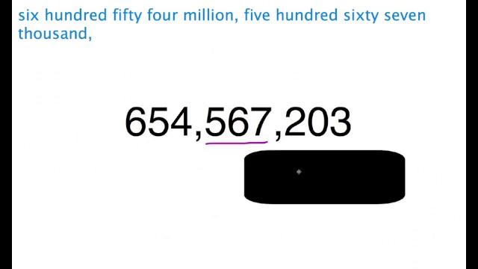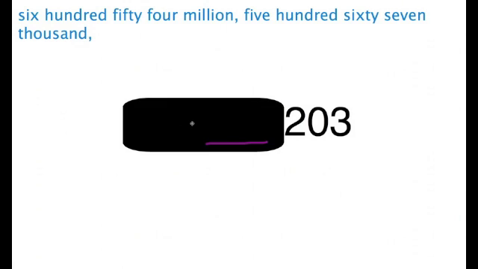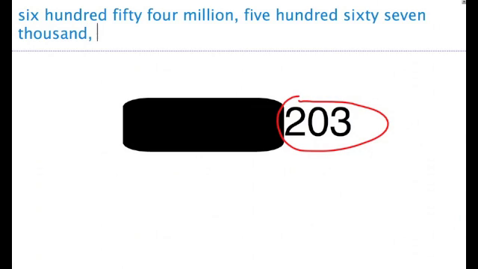And if I want to, I can just cover up everything I've already done. Maybe clean up my work a little bit here. And this particular chunk or period of the number is all that's left. And when I read that, it reads 203. So I will add that to my word form. Okay?